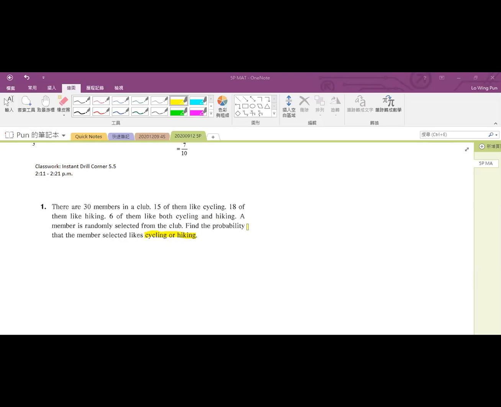So it will be just 6 here. Can you get this? And then just add the numerators together. So I think it should be 27 over 30, right? When you simplify the fraction, it will be equal to 9 over 10. That will be the answer.